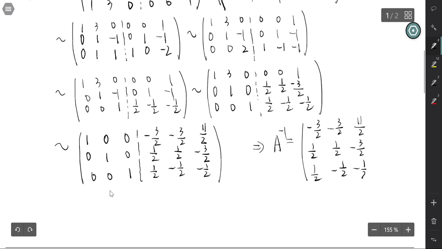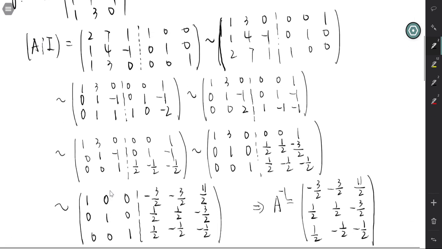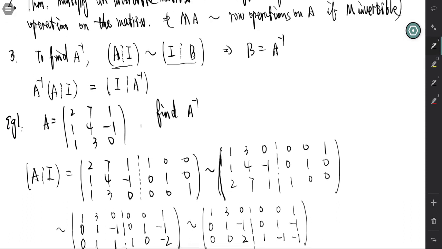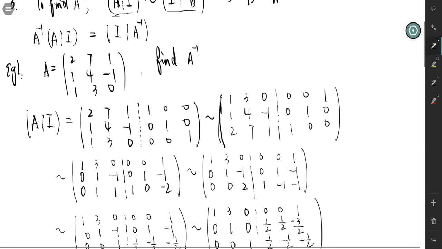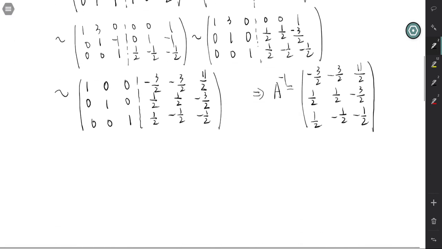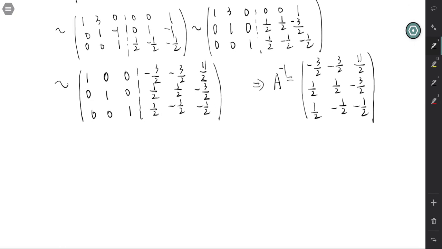Negative 1 half. That's the solution. Use the row operation or row reduction to reduce A to be identity, and then the identity is changed to the inverse of A. That's how to find the inverse matrix.